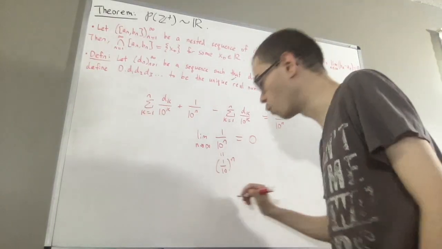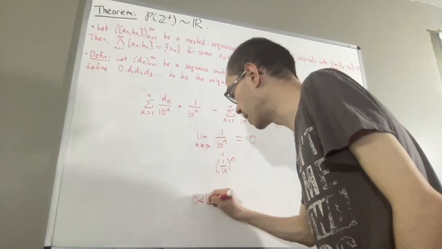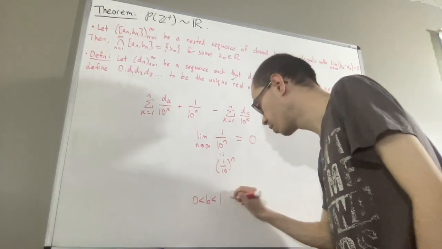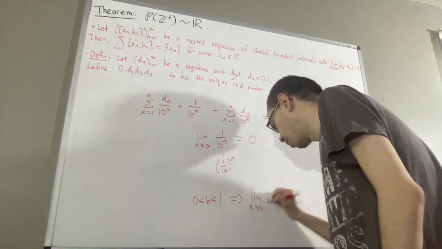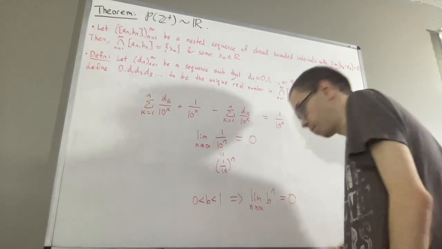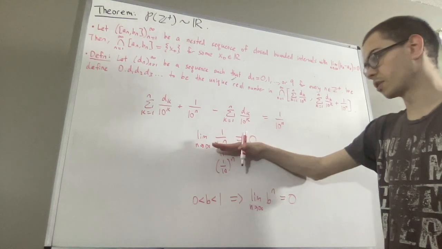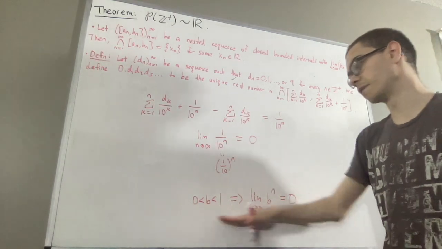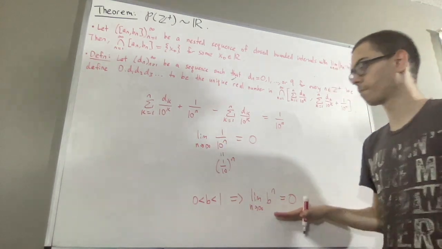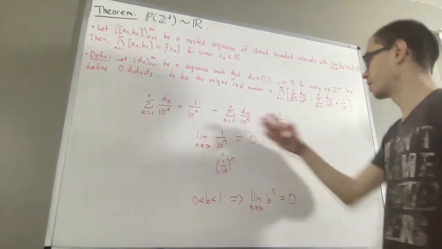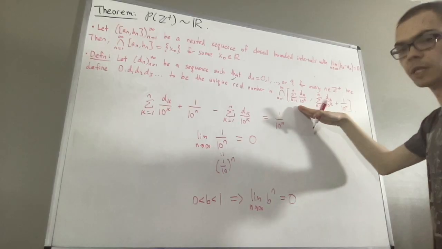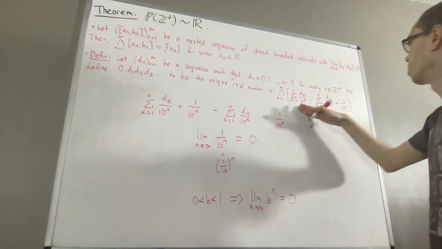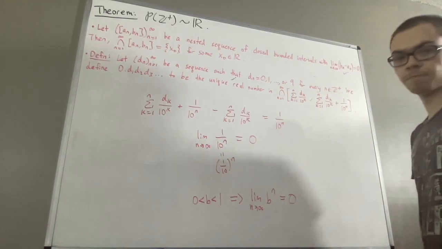And we have proven if b is any real number between 0 and 1, then the limit of the sequence b to the power of n is equal to 0, right? So this is just an instance of this result, right? So this tells us that the limit of the difference between the endpoints of the intervals will converge to 0. So we satisfy this condition.